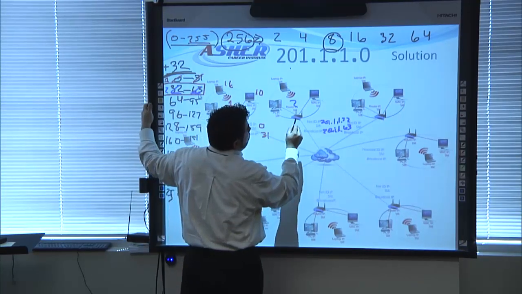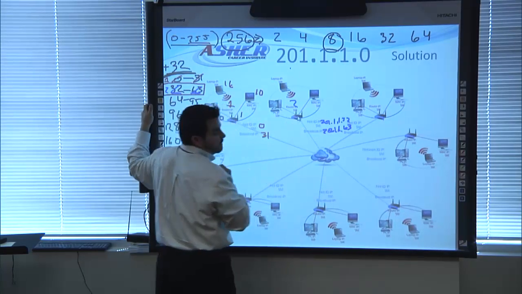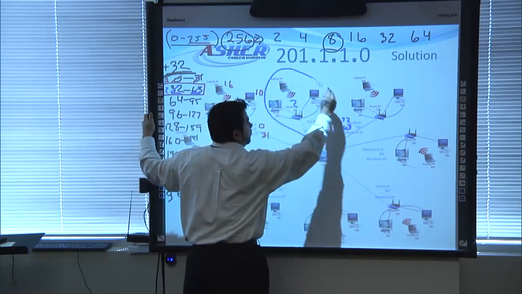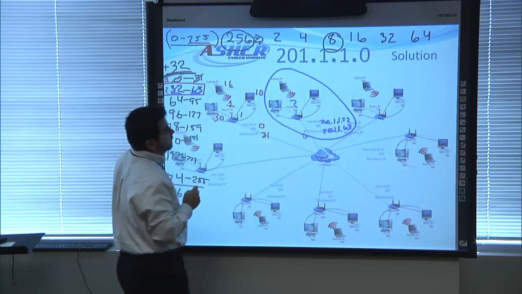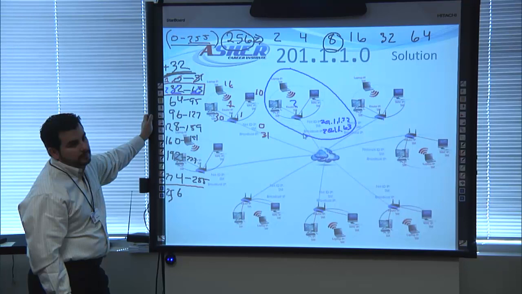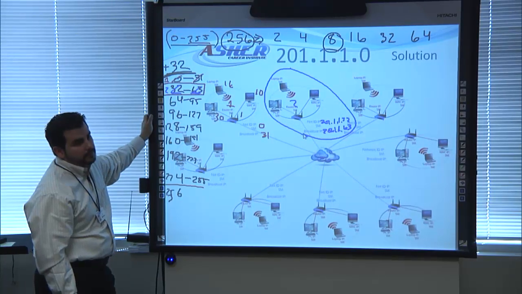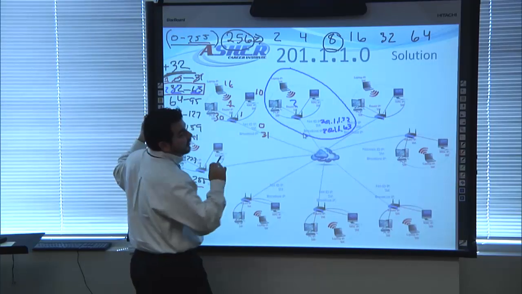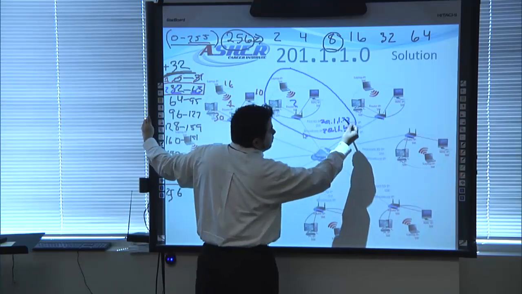So what IP address can he have if he is in this group right here? You know the answer? He can have any IP address between these two numbers.